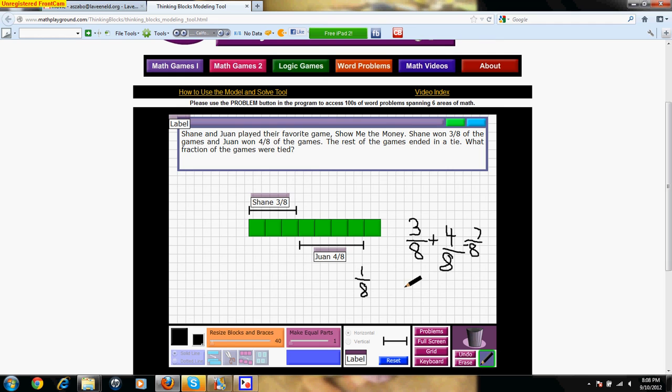Now I need to take the 7/8 and determine what is left from the whole. And if a whole is this whole bar, my bar is broken up into 8s, so my whole is 8/8. That's equal to the whole, minus 7/8 equals 1/8.